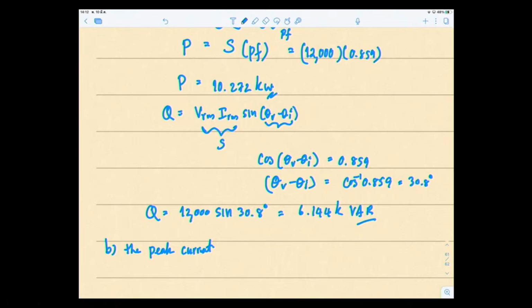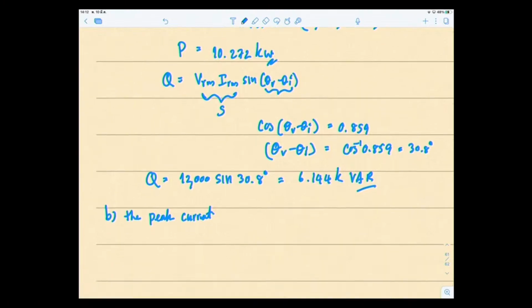Since we know P and Q, we know that our complex power can be written as 10.272 plus j6.144 kvar.